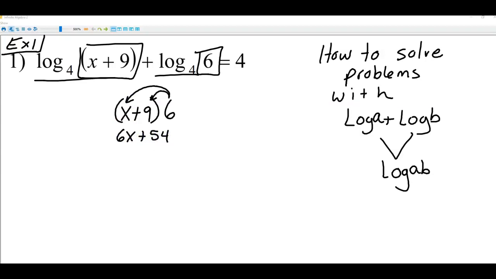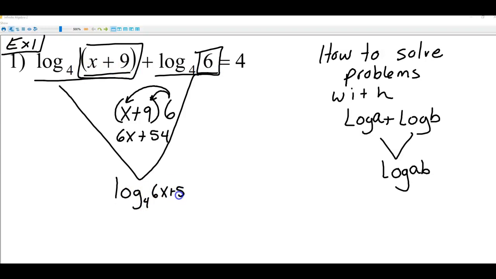So these two logs can come together to make log base 4 of, by multiplying these two things together, 6x plus 54. That's the new step. After that, there's not much different from what we learned on Friday. So that's the big idea: how do you solve problems with log plus log? You multiply those two parts of the log together.